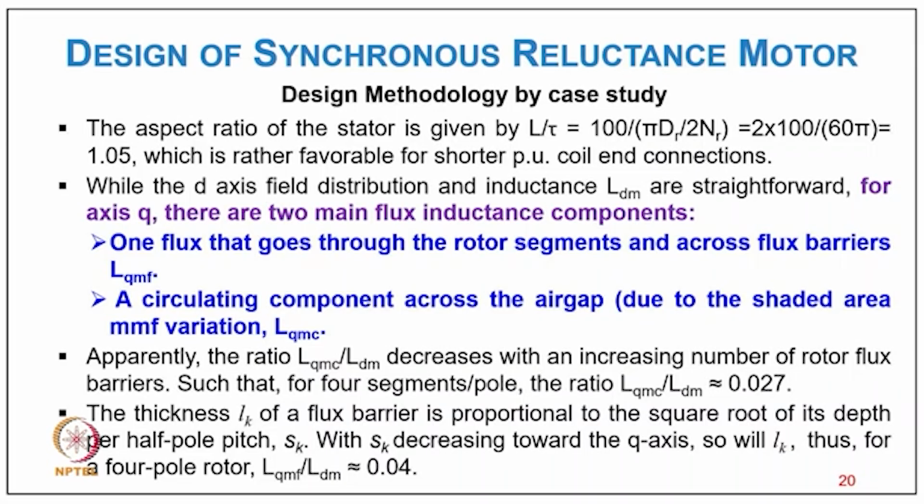While the D axis field distribution and inductance LDM are straightforward, for the Q axis there are two main flux inductance components. One flux goes through the rotor segments and across the flux barrier, LQMF, and a circulating component across the air gap due to the shaded area and variation, that is LQMC.